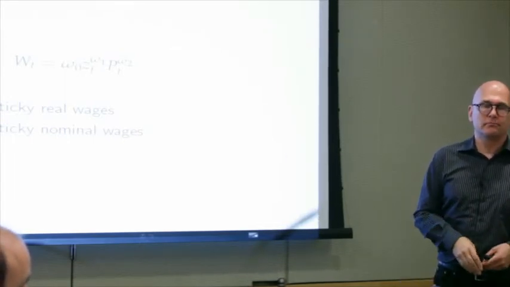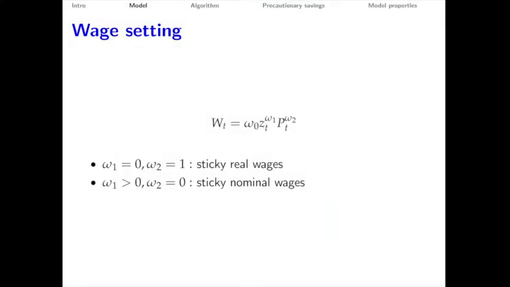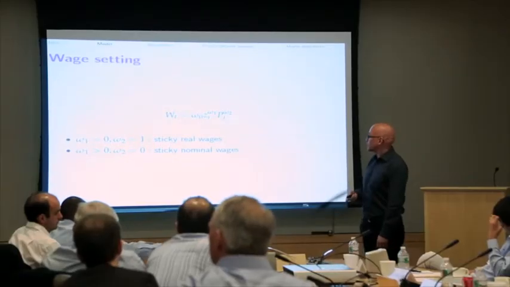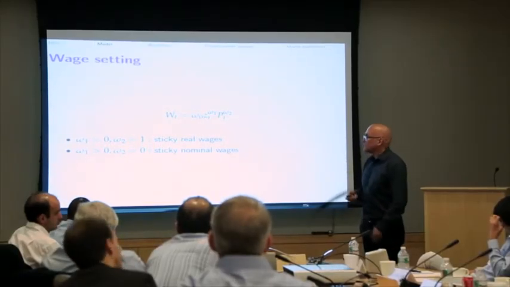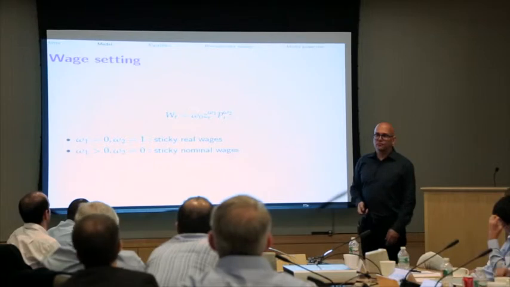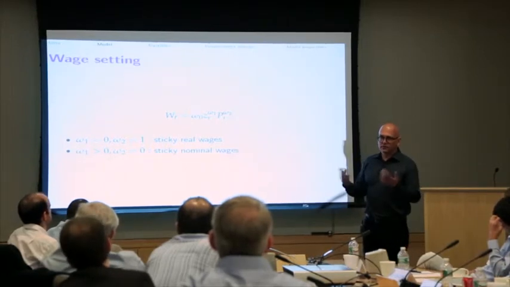It's just sticky. So we just specify this thing so we get something that looks like what you observe in the data. But yeah, there's no deep motivation for why you get this particular process. And it's a big debate whether wages are really nominal, sticky.